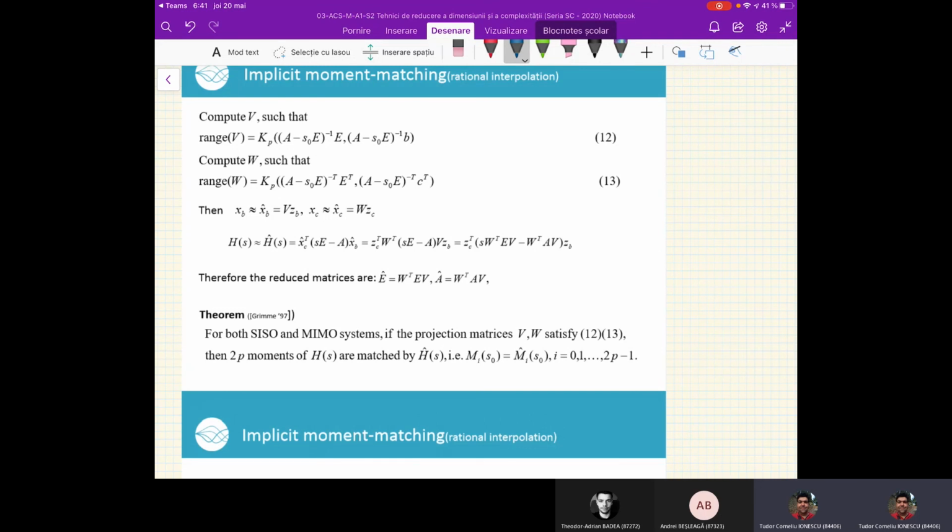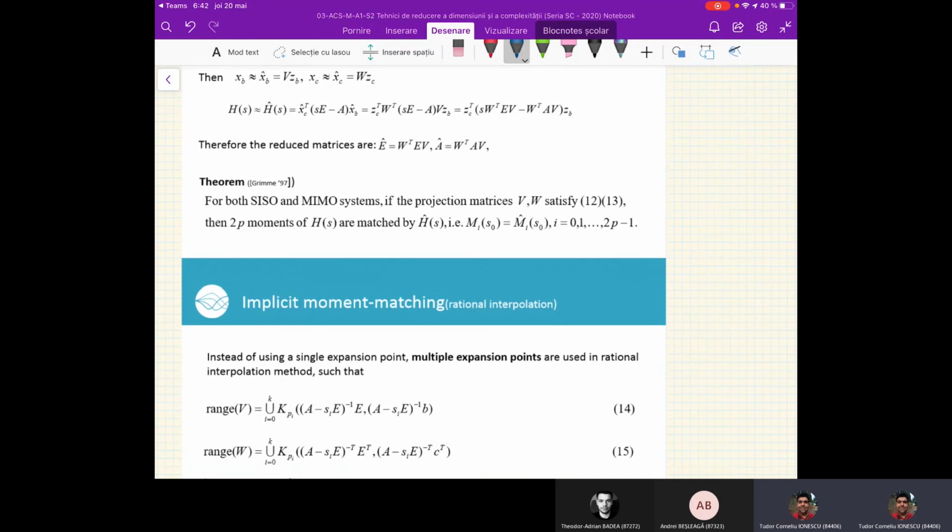Finally, you can get both matrices W and V, or W tilde and V tilde, as Antoulas denoted them earlier, and based on them you can build your projections W and V. And you get your result in this theorem.